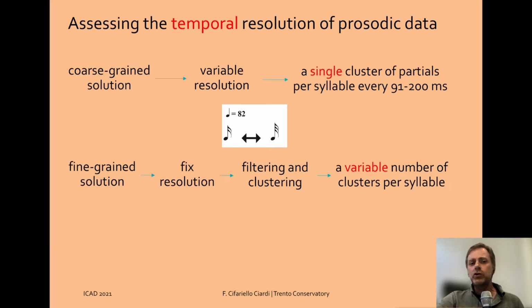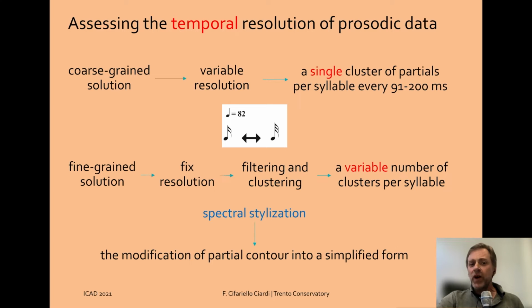The idea here is to shrink the prosodic features through a sort of spectral stylization, a procedure that modifies the partial trajectories of an utterance into a simplified form with the aim of preserving relevant perceptual information.